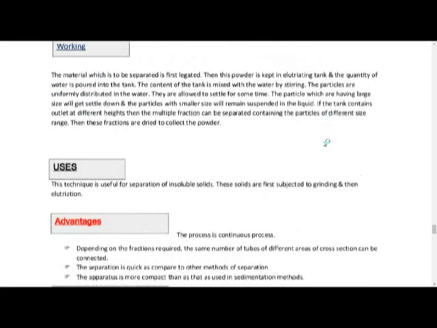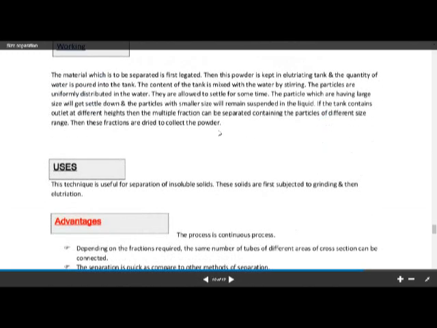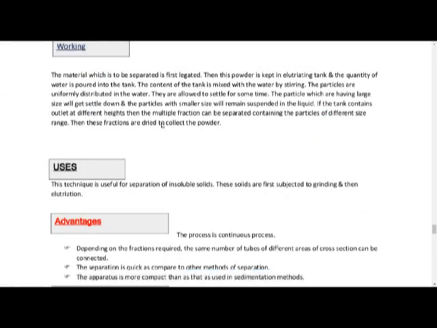Now let us discuss the working. In this case, the material which is to be separated is first levigated. Then this powder is kept in the elutriating tank, and a large quantity of water is poured in, and it is stirred so that the particles are uniformly distributed in the water.